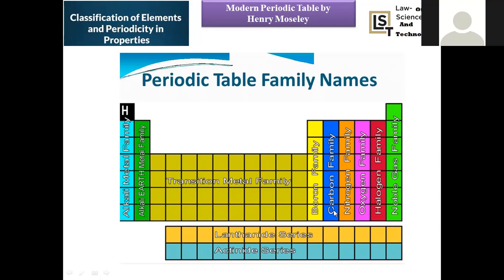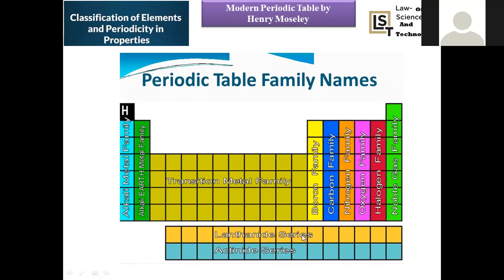And 14th group elements are called the carbon family, 15th group the nitrogen family, 16th group the oxygen family, and 17th group the halogen family. The 18th group has the noble gas configuration, the stablest among all the known elements in this periodic table, and it is the noble gas family.